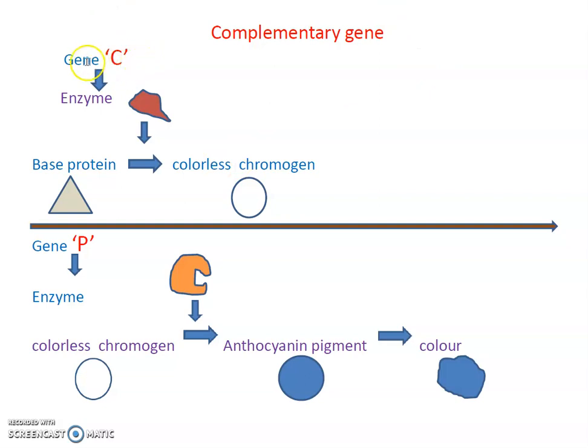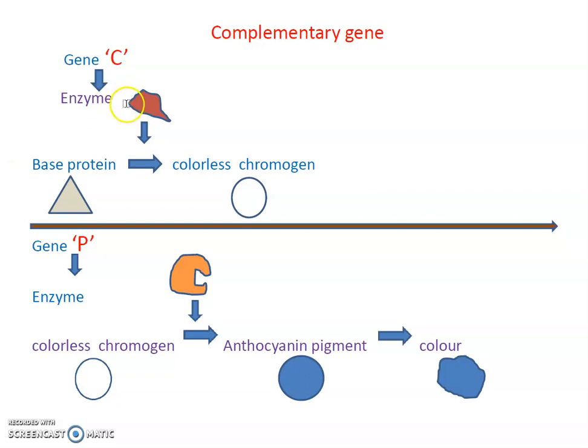In complementary genes, gene C produces an enzyme. Genes always produce proteins or enzymes. This is the function of genes. So gene C's function is production of an enzyme, and this enzyme is helpful in producing a colorless chromogen substance.